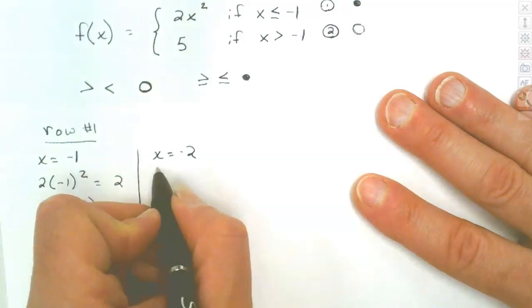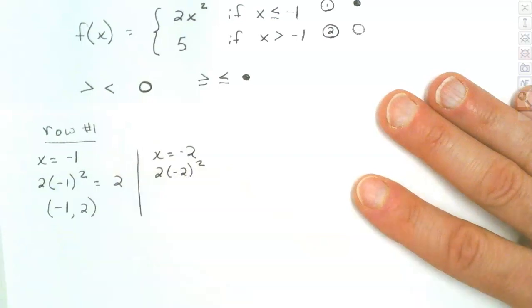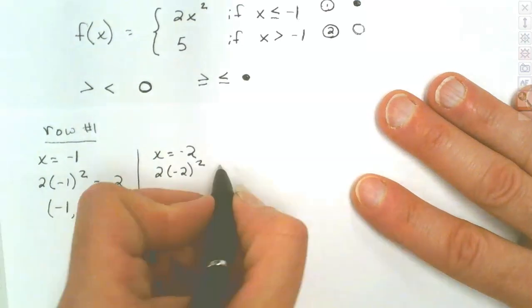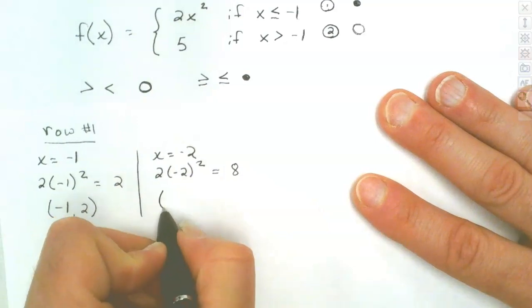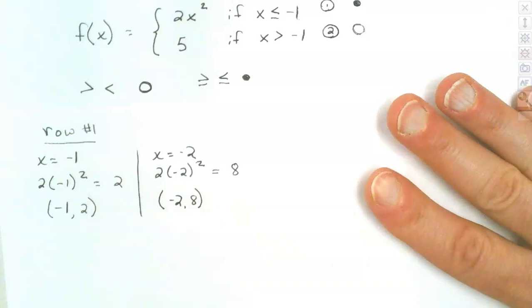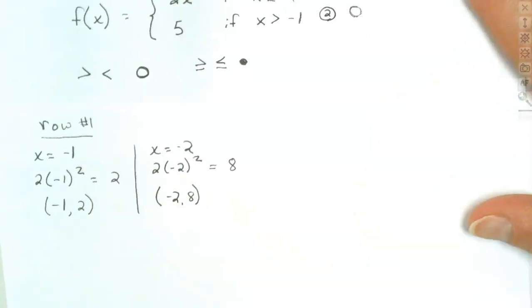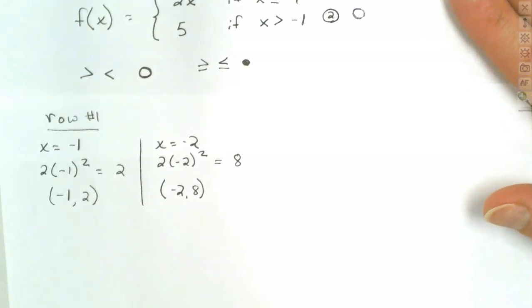If I plug that -2 in, then I have to square it and multiply it by 2. -2 squared is 4, times 2 makes it an 8. So my second point is -2, +8. So there's our 2 points.